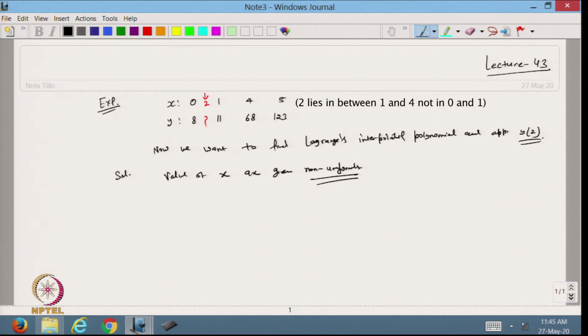So, this is non-equispaced data. We have 4 points of data, so my polynomial will be cubic. I can write P3(x).